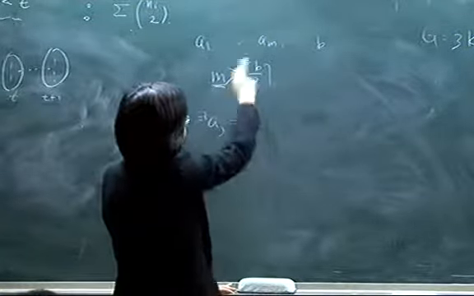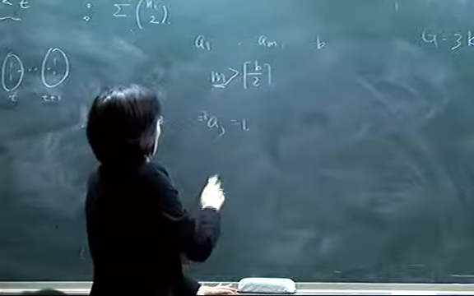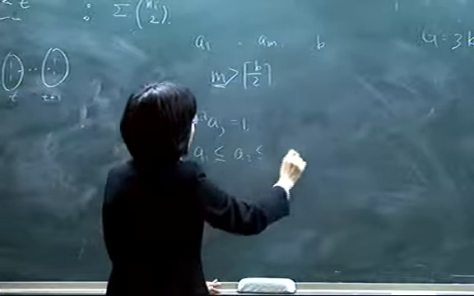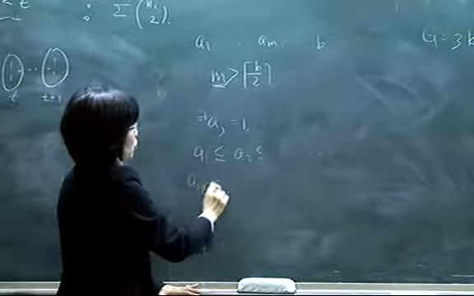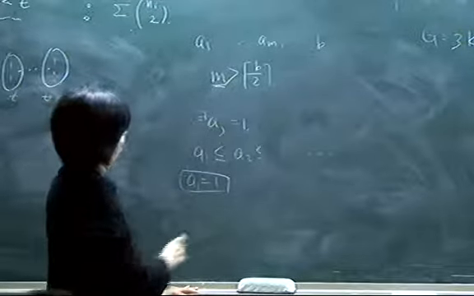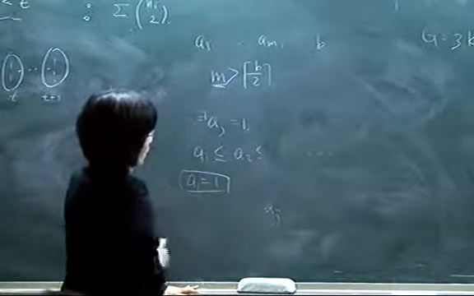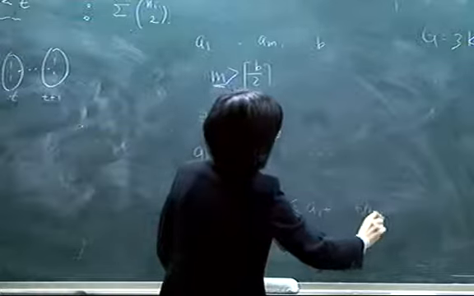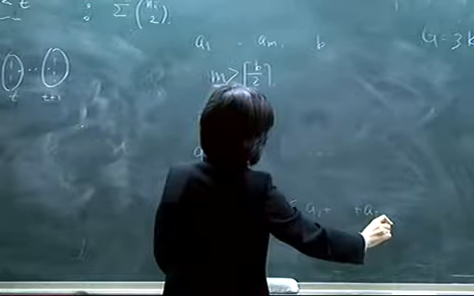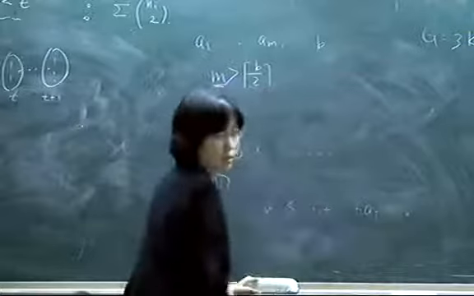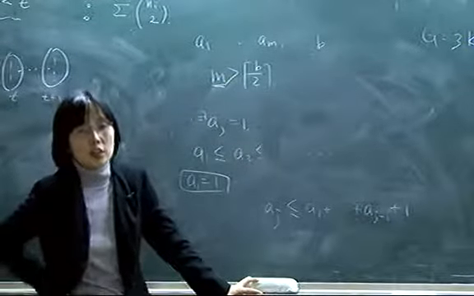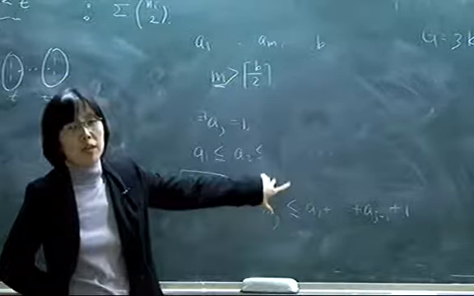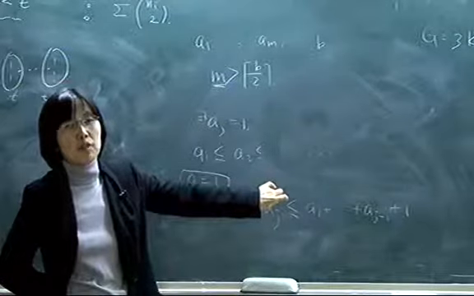And then maybe we can order them in increasing order. So then A1 is 1, you can say. And AJ should be at most A1 plus up to AJ minus 1, plus 1, I guess, for any J.